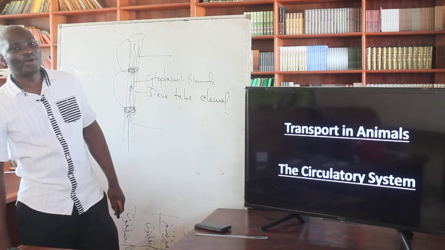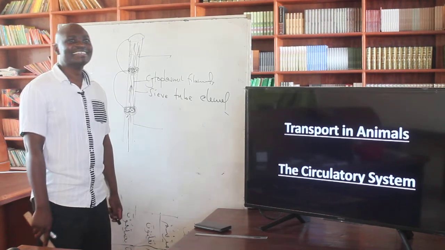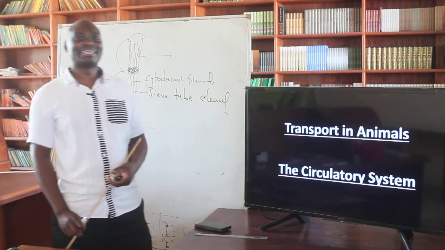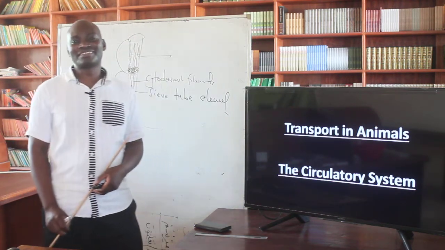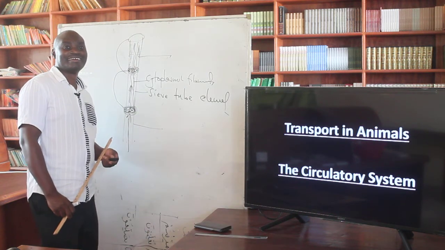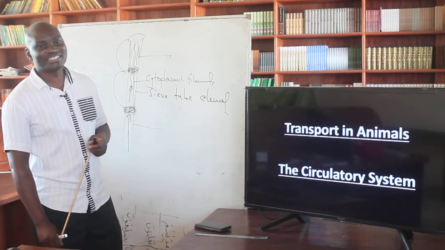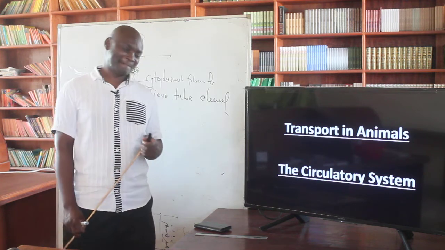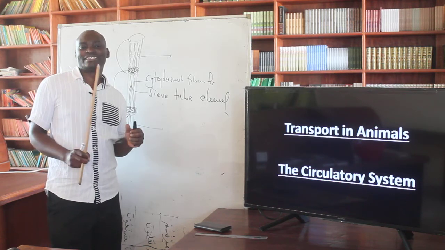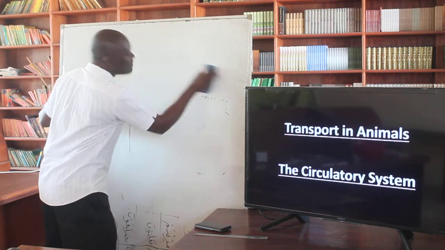Now, let us move to transport in animals. Transport in animals is somehow different from transport in plants. And in transport in animals, we talk about the circulatory system, meaning the body of animals is more complex than the body of plants.